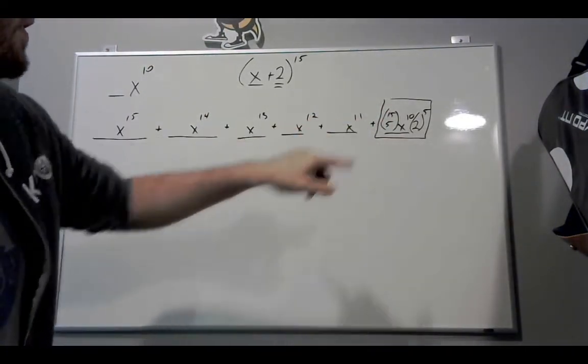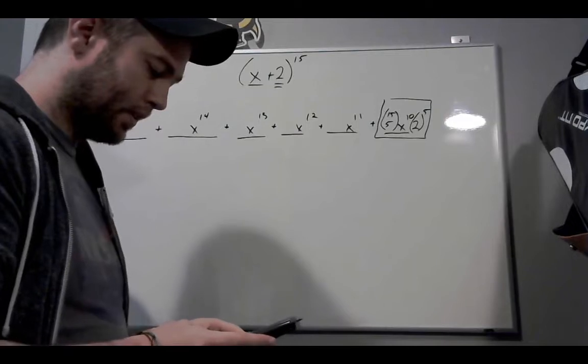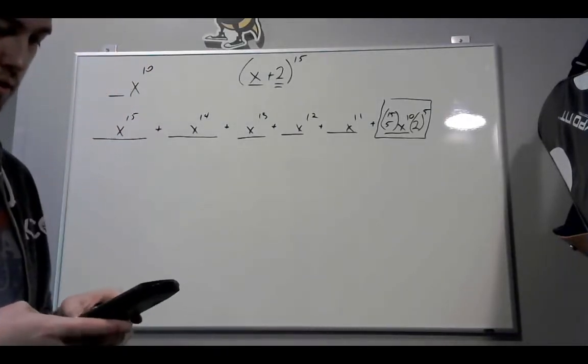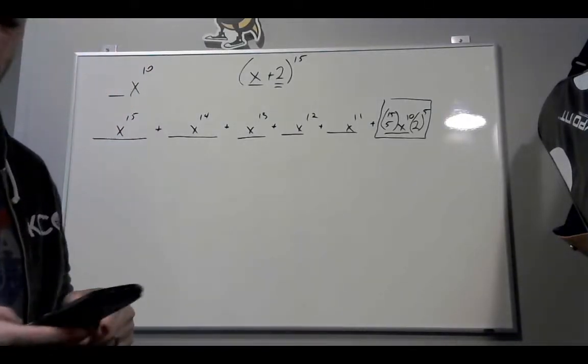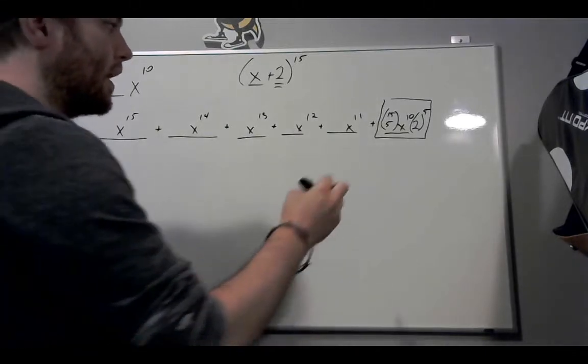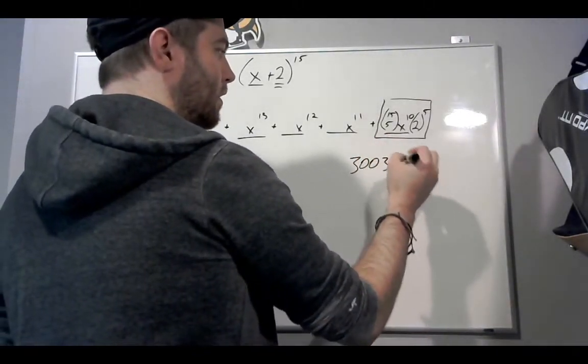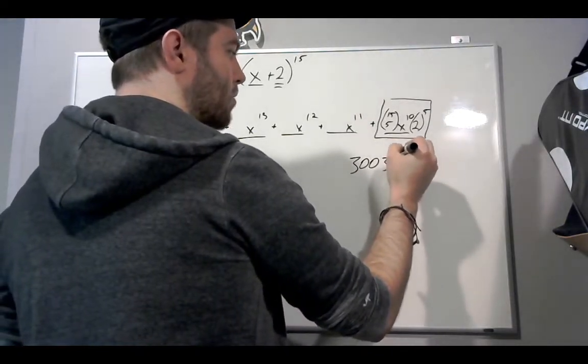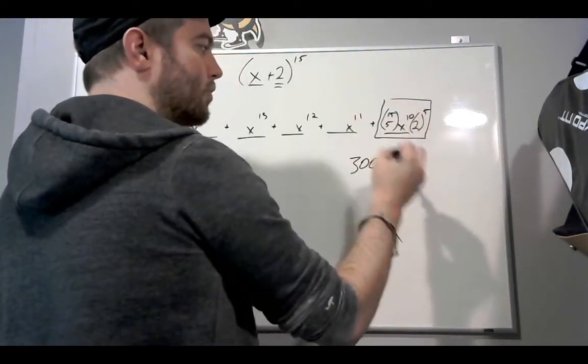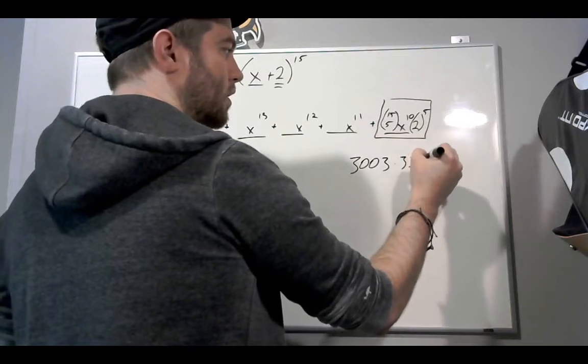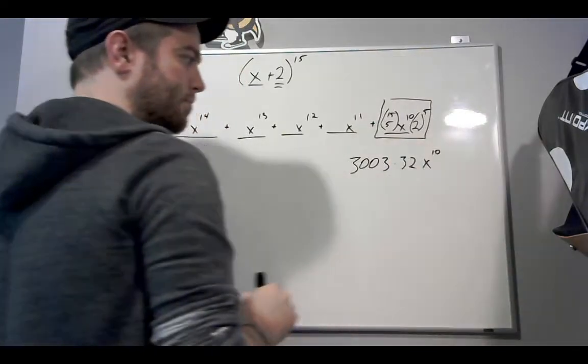So 15 choose 5 is 3003. This is going to get multiplied times 2 to the 5th, which is 32, times that x to the 10th.